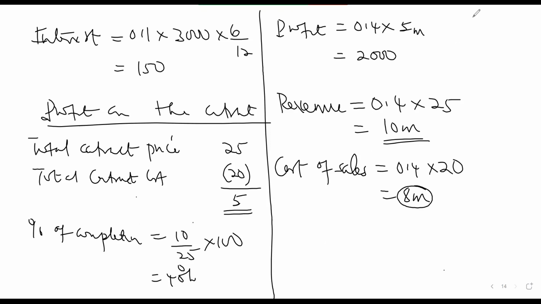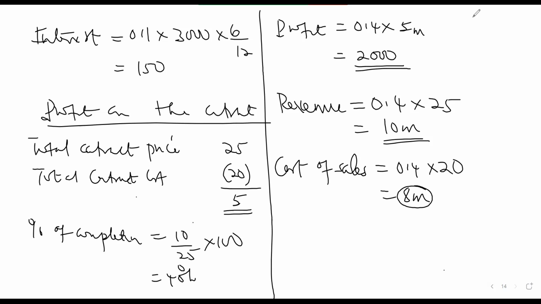Yes. The cost of sales is what? The cost that we should have incurred on the contract based on completion is 8 million, isn't it? And we are making a profit of 2 million. So it means that if we want to bill the customer, you will say that, okay, for the work that I have done, the cost that I should have incurred is 8 million, and the part of the profit is 2 million.